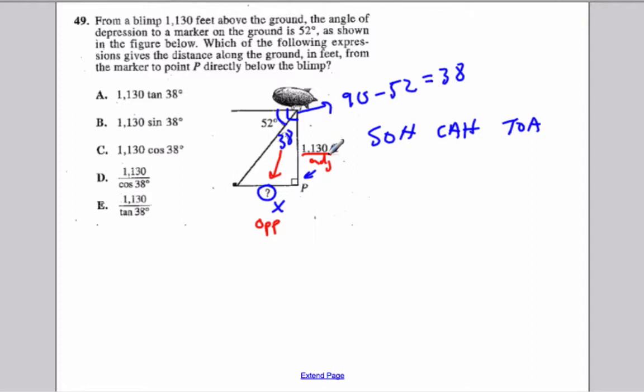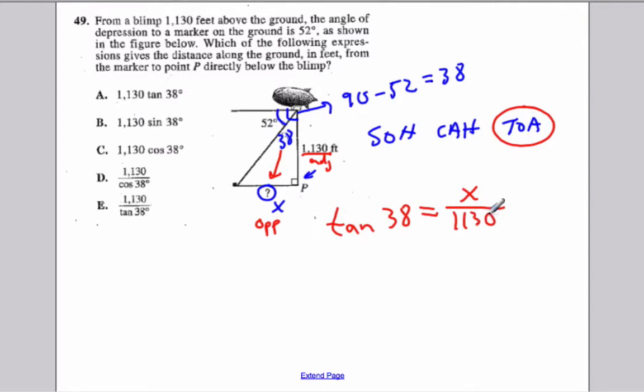Which one of these three deals with opposite and adjacent? The only one that deals with both of them is your tangent. So we're going to be dealing with the tangent of 38 degrees is equal to opposite, which I don't know, so we'll just call that x, over the adjacent, which is 1,130 feet.